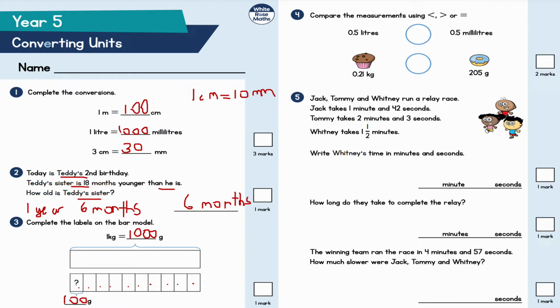This is question number 4. Compare the measurements using less than, greater than or equal. 0.5 litres and 0.5 milliliters.